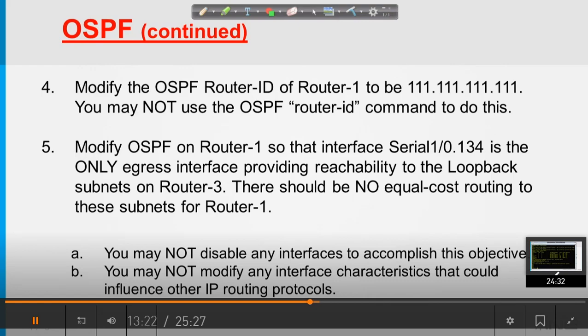If we don't use the router ID command, how does OSPF normally pick a name for itself? How does OSPF normally come up with a router ID if you don't specifically type one in? Well, first of all, it looks around at all of your interfaces and asks, is there a loopback here? If there is a loopback, is there more than one?